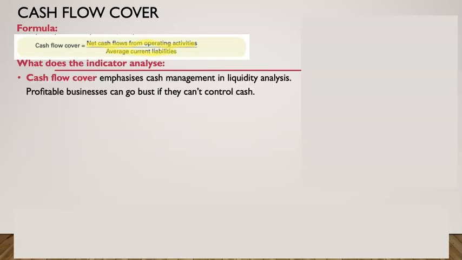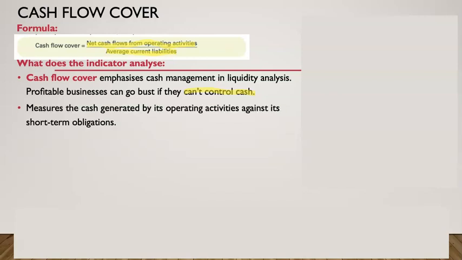It emphasizes cash, because profitable businesses go bust if they can't control their cash. So this is looking at whether you have enough cash from your operating activities to meet your average liabilities. It measures how much cash is generated by operating activities against short-term obligations.